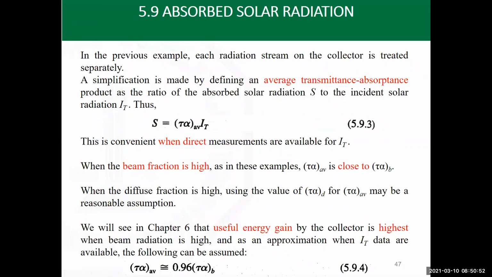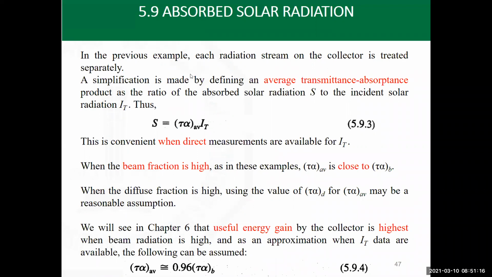Now, in this example, we have done both, looked at the value that can be obtained separately or collectively for each component of the radiation: the beam radiation, the diffuse radiation, and the ground reflected radiation. But there are even trials to make it simpler in the solution.